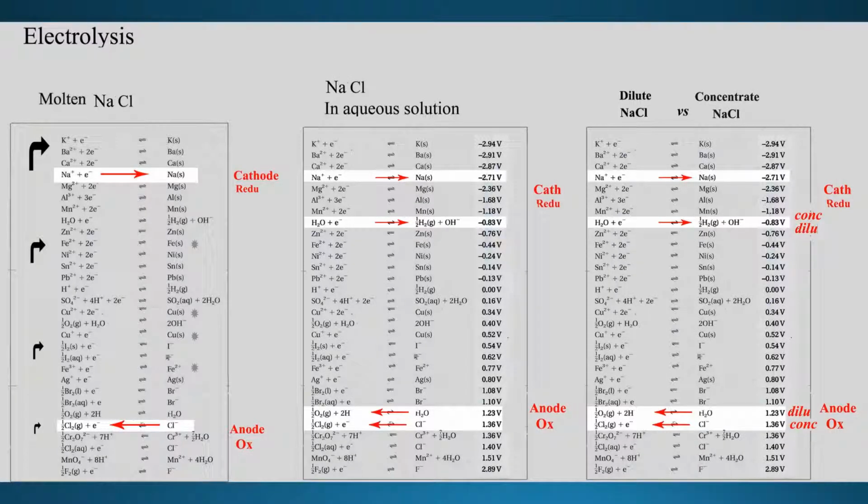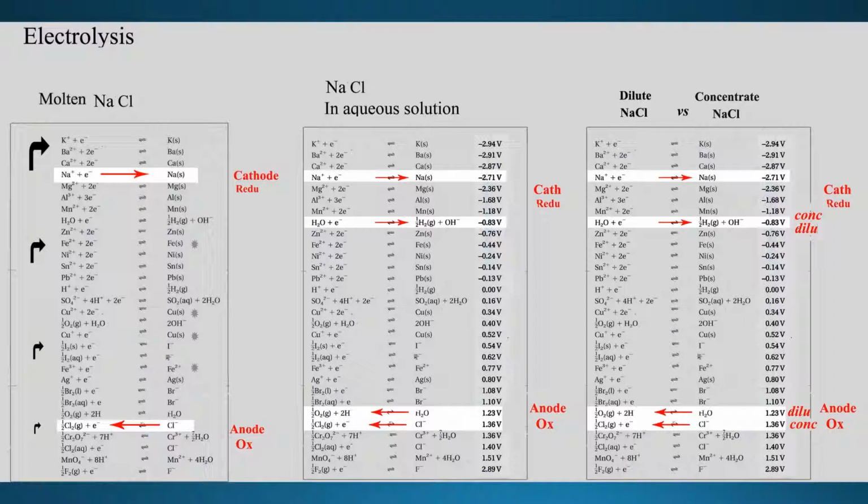Now we learn the summary. Today we learned 3 parts. In all of them, electrons flow from the anode up to the cathode, which requires energy. The first one, molten NaCl: chloride at the anode, sodium at the cathode.